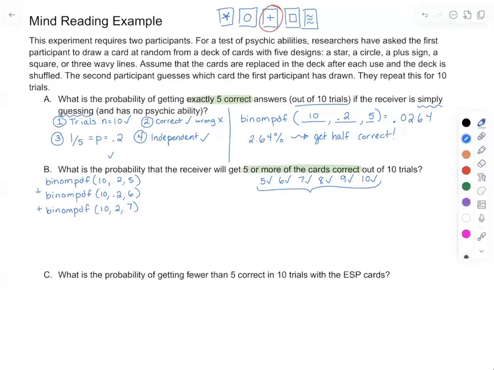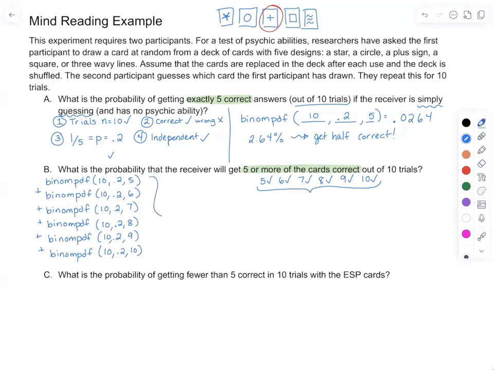And you can see that as I go, the only thing that's changing is the number of correct answers. After 7, we've got 8 correct answers, and then 9 correct answers. And lastly, the maximum number of correct answers they can get is 10 correct answers. That's why I stop with 10, because they can't get more than 10 right.